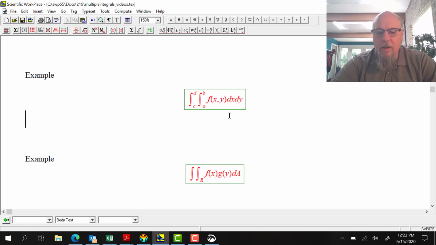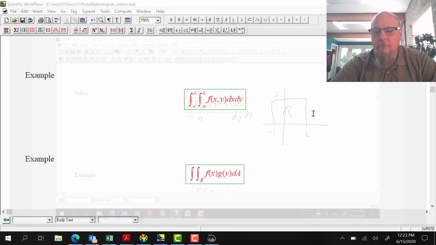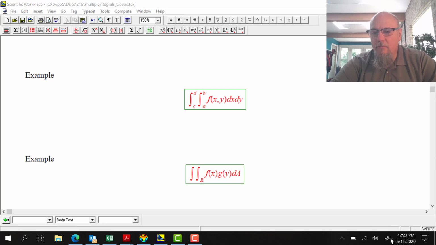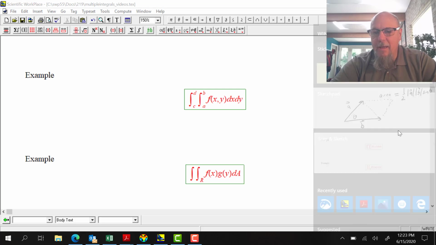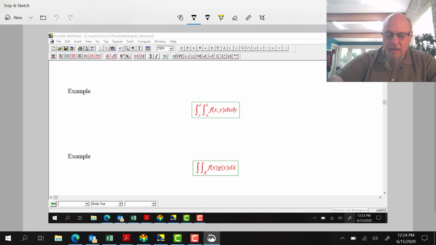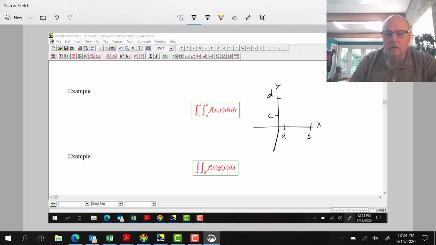I know this is a rectangle, so I'll draw it so we have something to point at. But I can read this as x is going from a to b, and y is going from c to d. So I'm talking about the region being this rectangle.